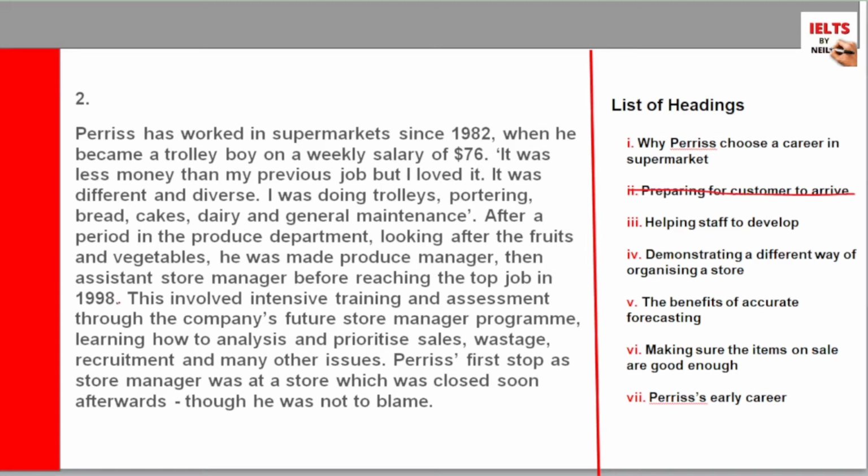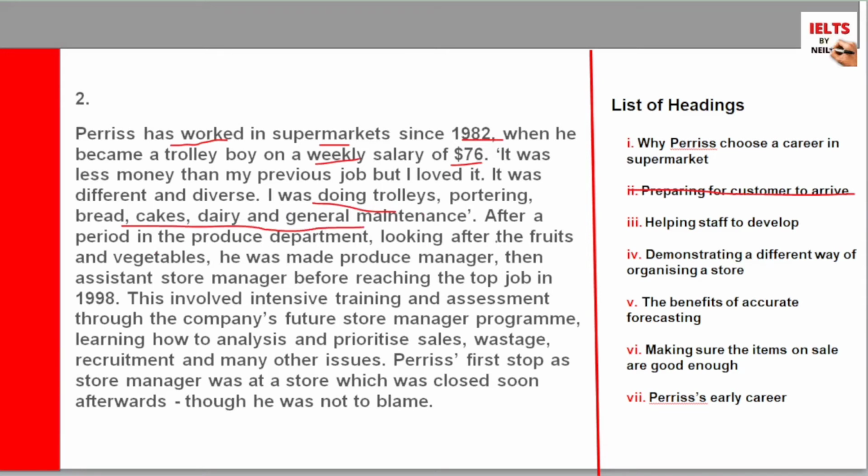Okay, until here we can see that the writer is talking about Paris's work history. That Paris started work in supermarket in 1982. His first salary was this. That was a weekly salary, and he was doing trolleys, pottering, bread, cakes, dairy, and general maintenance.